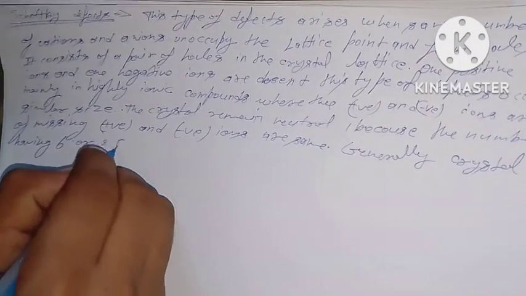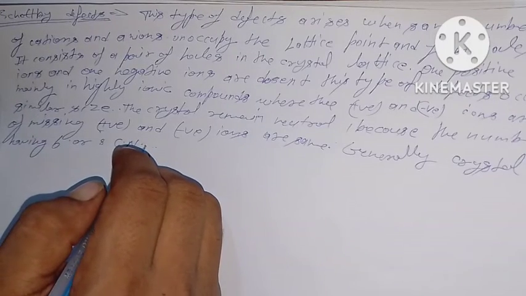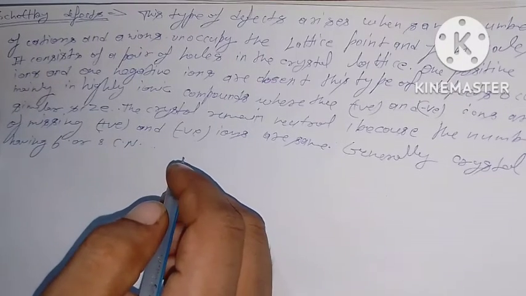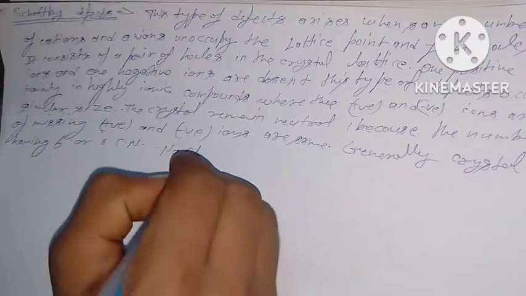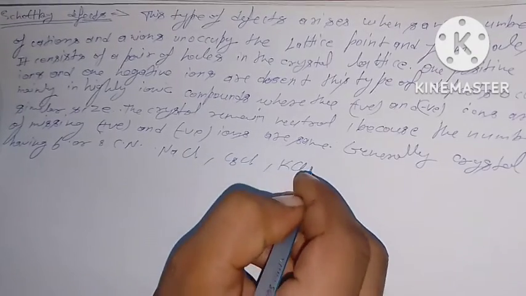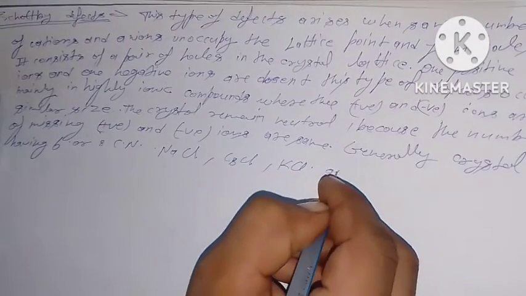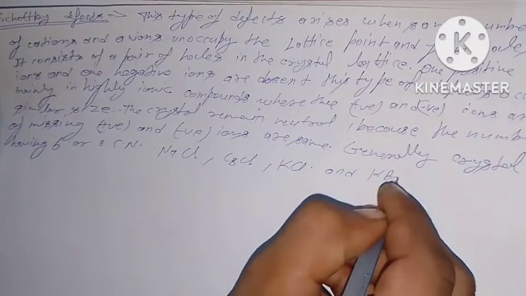Highly ionic compounds are examples of ionic solids in which Schottky defects arise. Example: sodium chloride, calcium chloride, potassium chloride and potassium bromide, KBr.